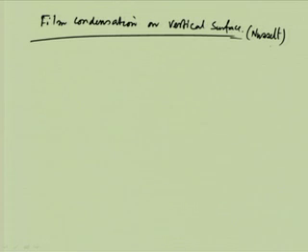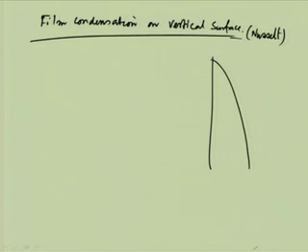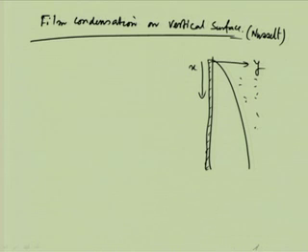Now, this is the vertical plate, and this is the x direction. If I say that this is the y direction, this is the saturated vapor. We are discussing condensation of the saturated vapor, and here is the film that is being formed.